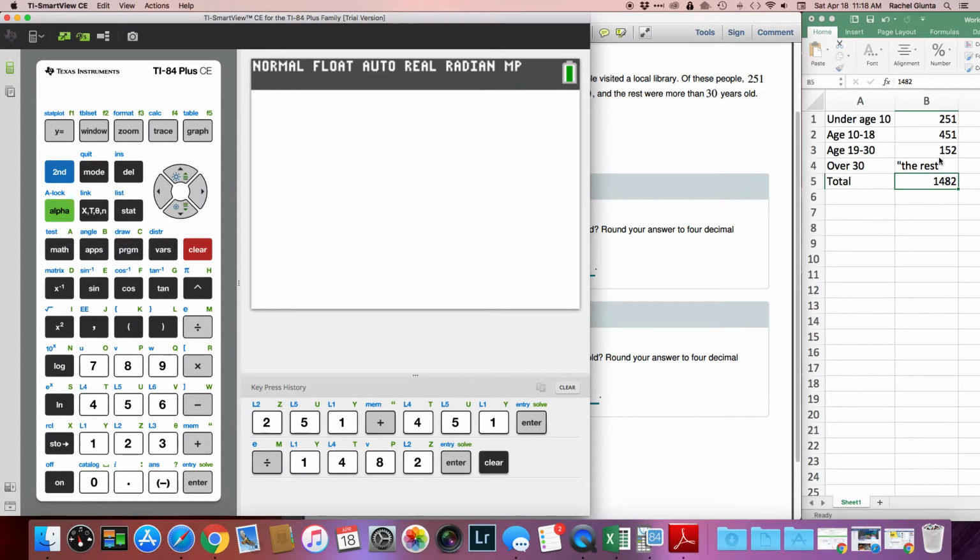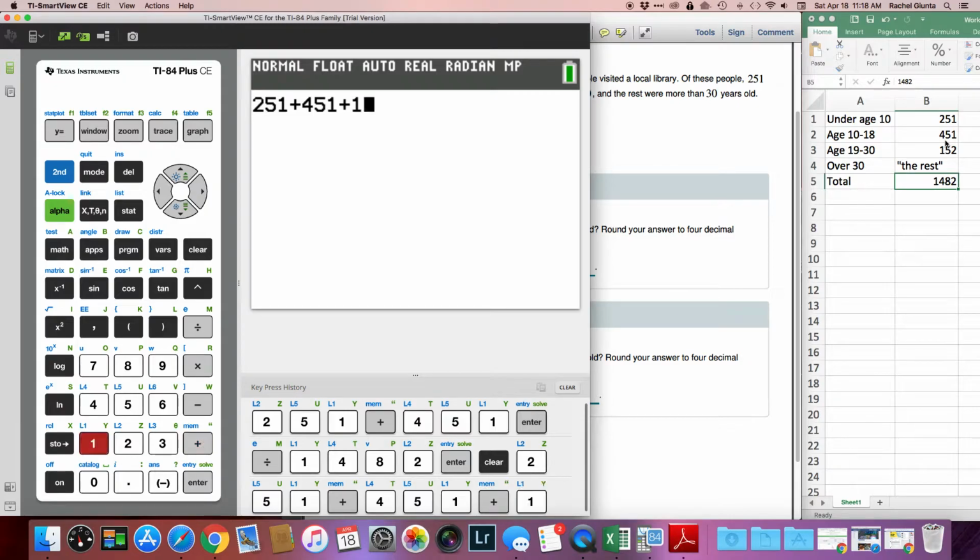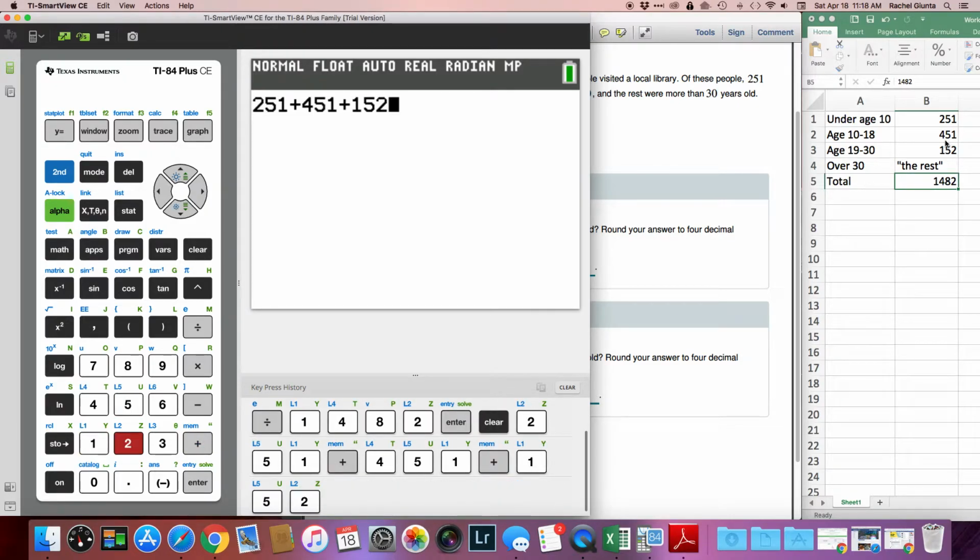Okay, so the other three categories: 251 plus 451 plus 152. Those are all the people that we already know about and we know what age they are.